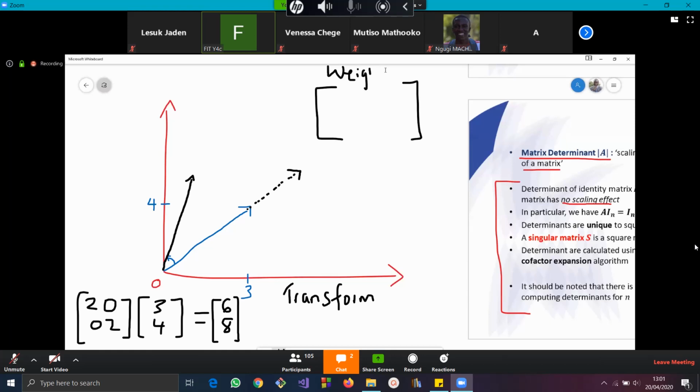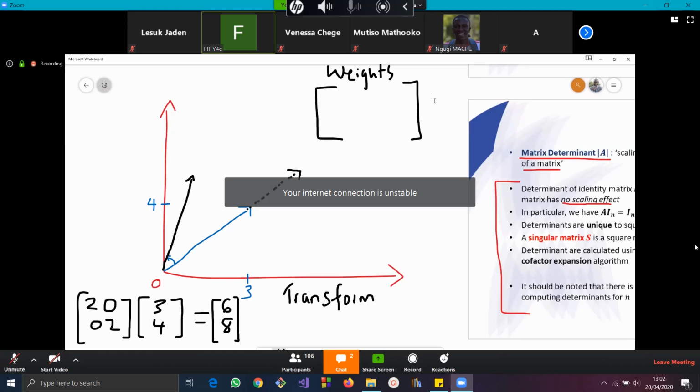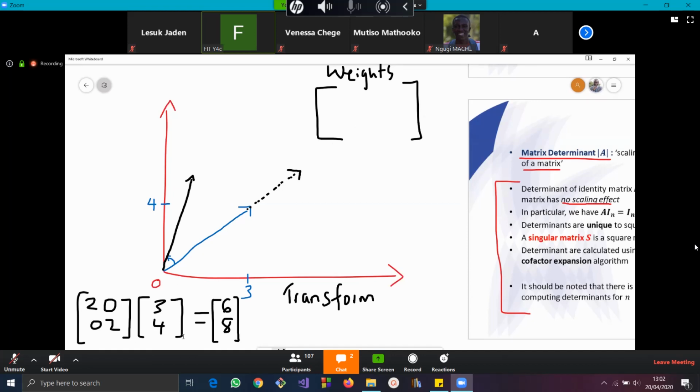Then the inputs, whatever the inputs, words, images, images of the lungs, maybe images of the brain, medical images, whatever the features, they can be represented as vectors. Okay, and this is going to be our model. How do these weights transform this, and what are we getting on the other side, etc.